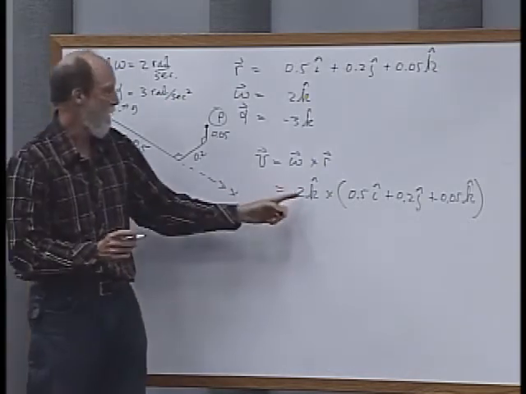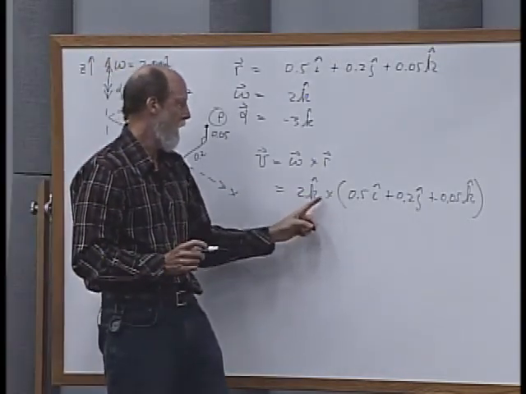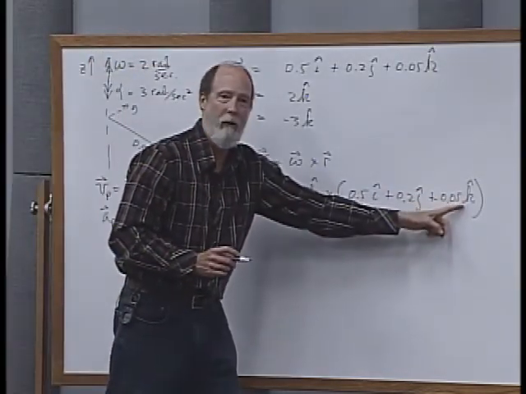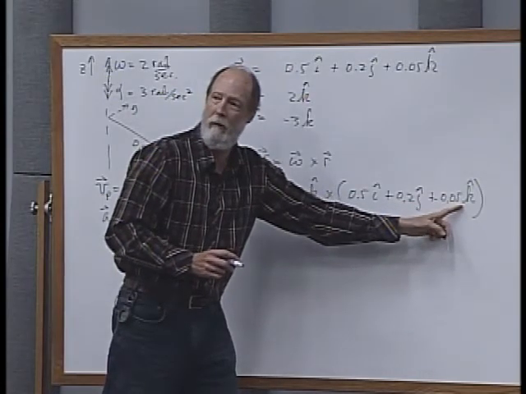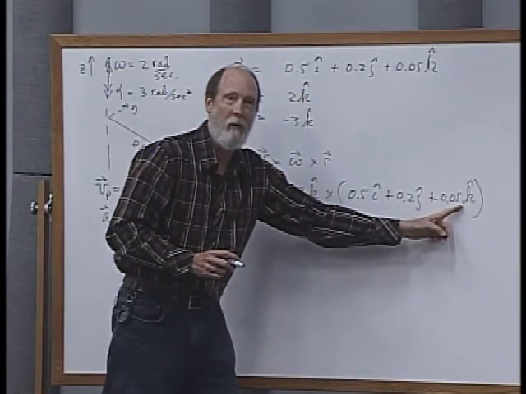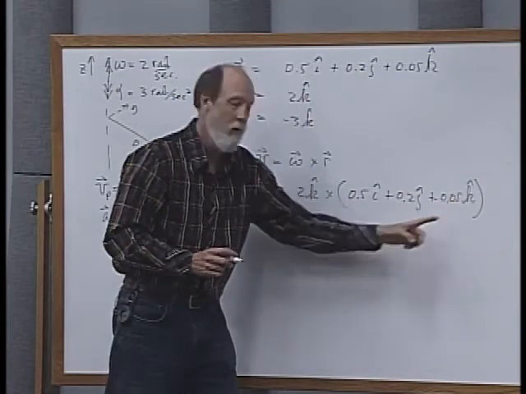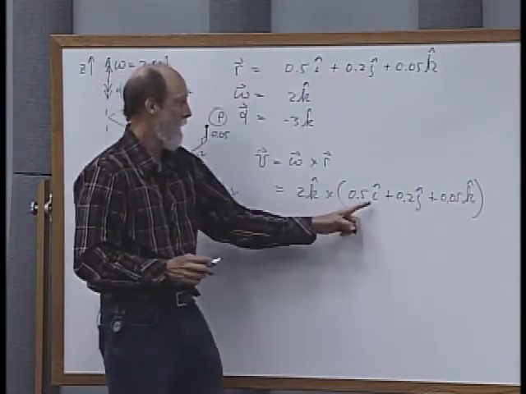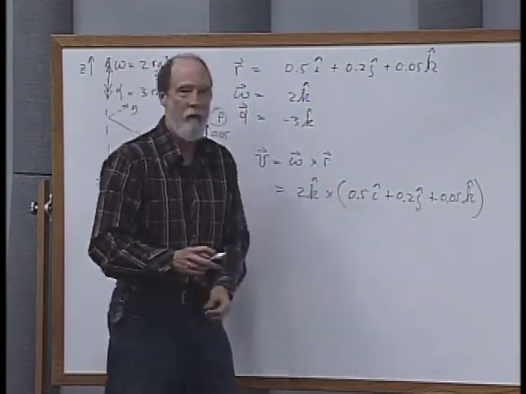And you can see in the cross product that this K cross K term zeroes out. All right? Everybody comfortable? K cross K zeroes out? Okay, so all we're going to have is K cross I and then K cross J showing up.